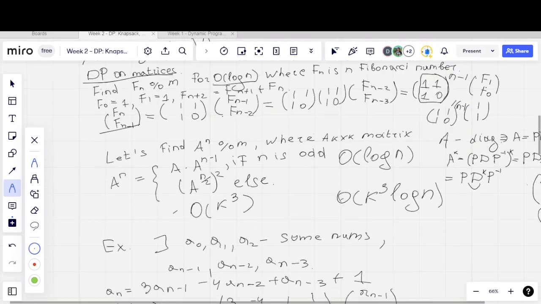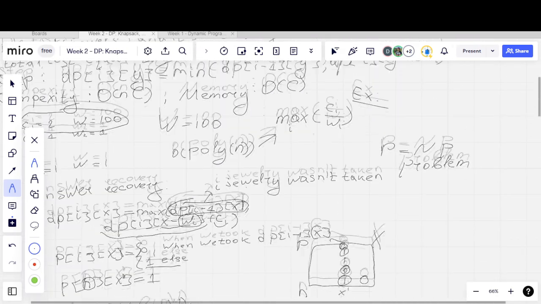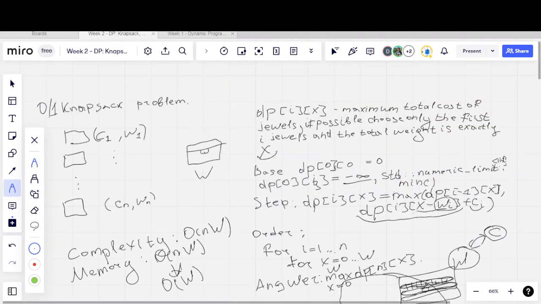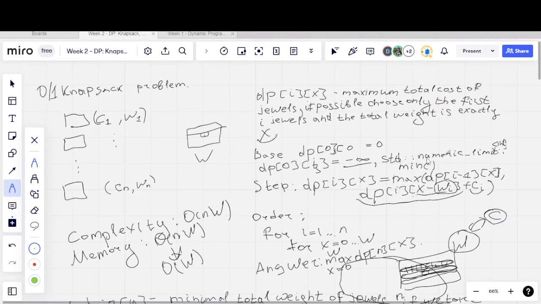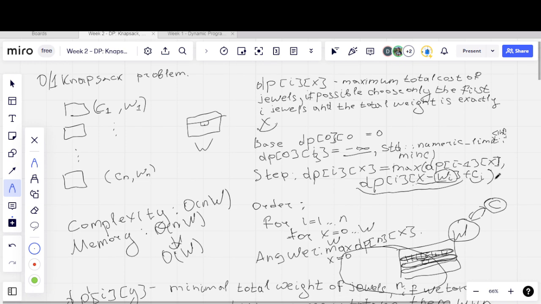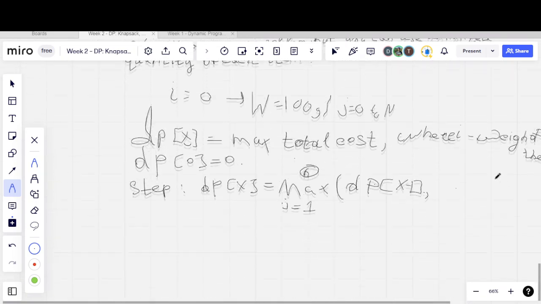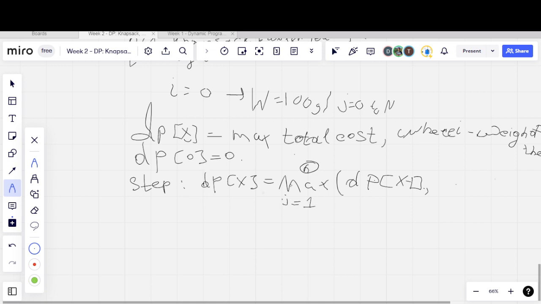How we did it in this solution. No, we took DP E minus 1 X, we just took DP X minus 1 and DP X minus V G, the DP not X minus 1, the DP X minus V G.